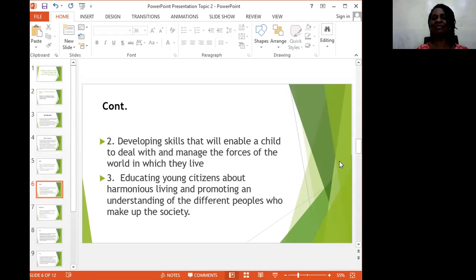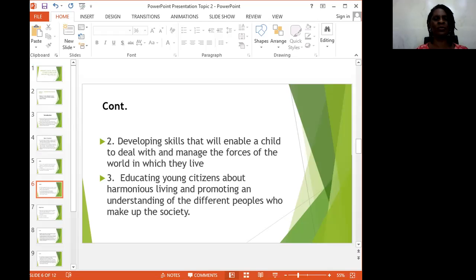It helps a child develop skills and the ability to manage the world in which he or she lives.